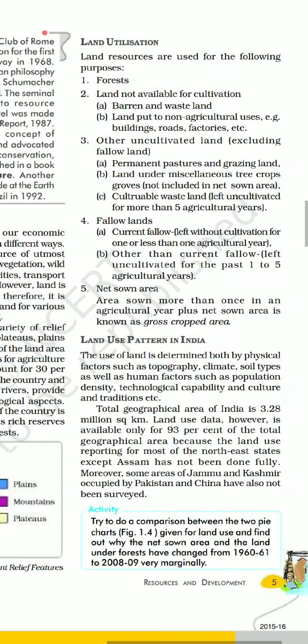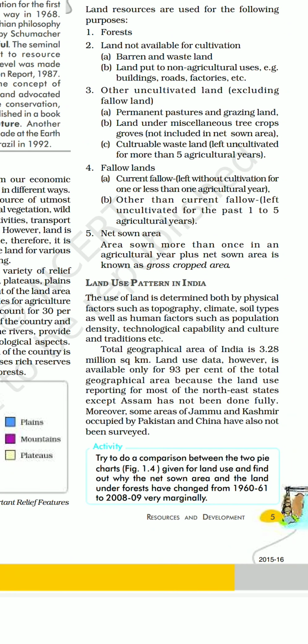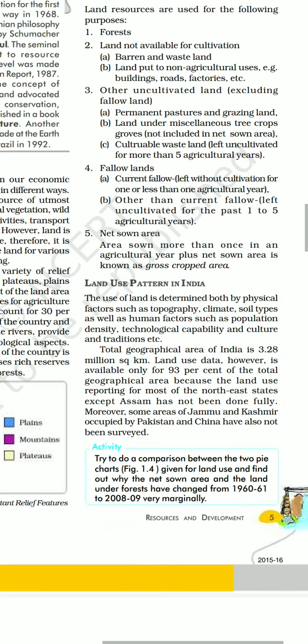The next is explaining the land use pattern in India. The use of land is determined by physical as well as human factors. Physical factors means the topography, soil type, climate, and so on. Human factors are population, population density, technological capability, culture and traditions, and so on.